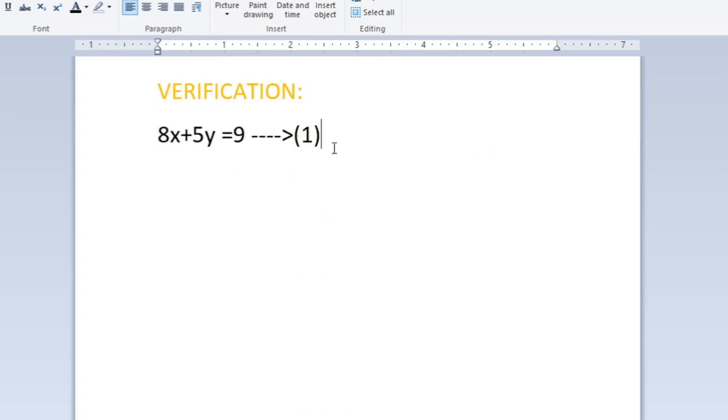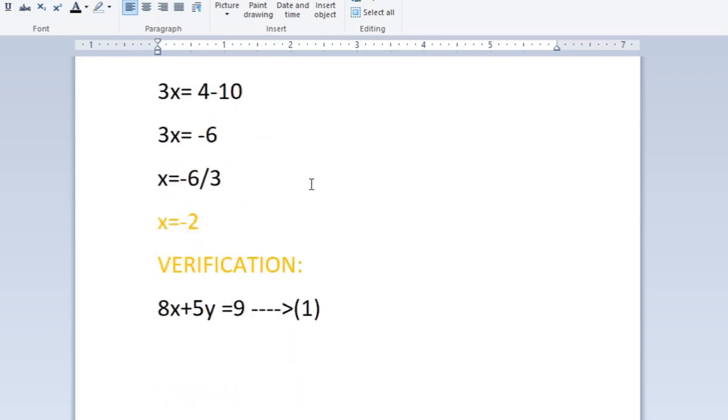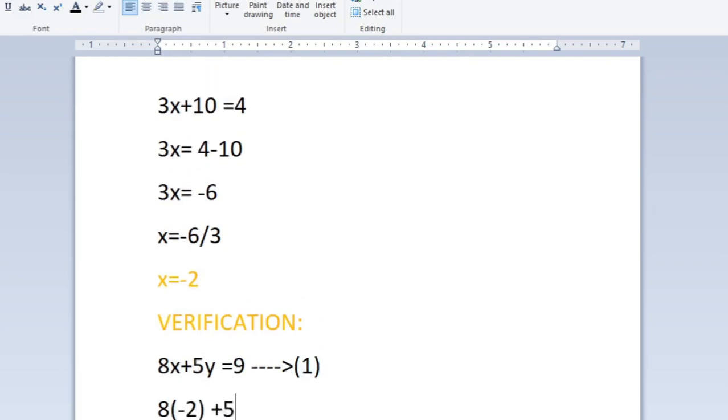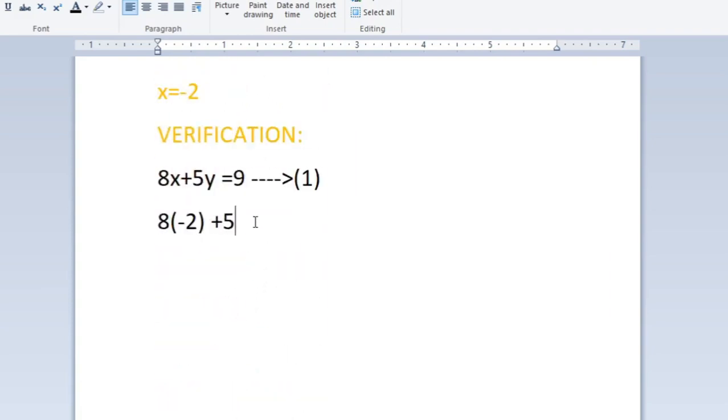Now I substitute the values. What is the value of x? Nothing but minus 2. So that is 8 of minus 2 plus 5. Then what is the value of y? 5. Then you write 5 in place of y is equal to 9.